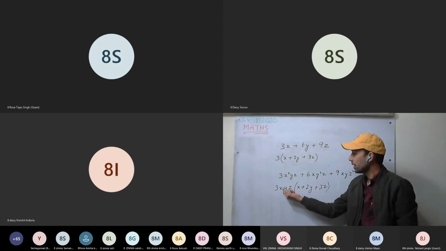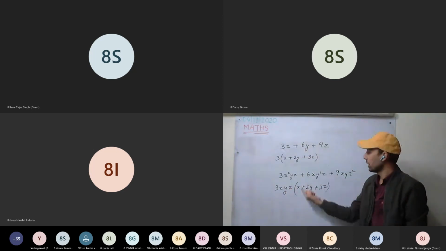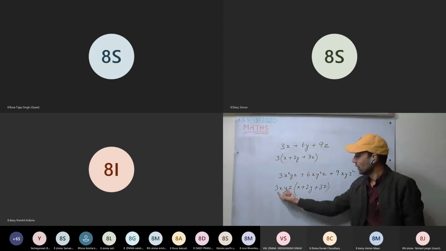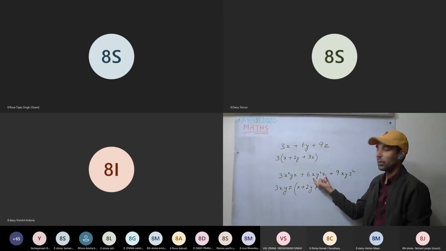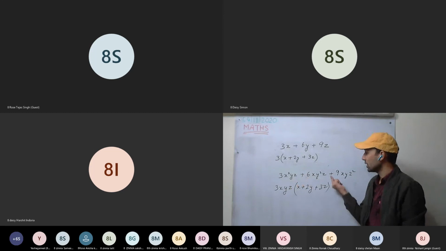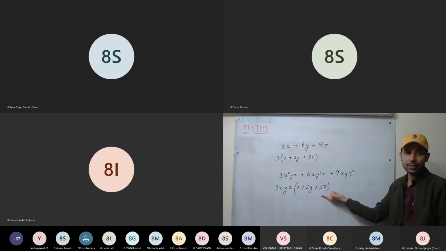So 3 is a factor of this one, xyz is a factor of this one, and x plus 2y plus 3z is a factor of this expression. So we have expressed this algebraic expression as a product of its factors. Is this clear?